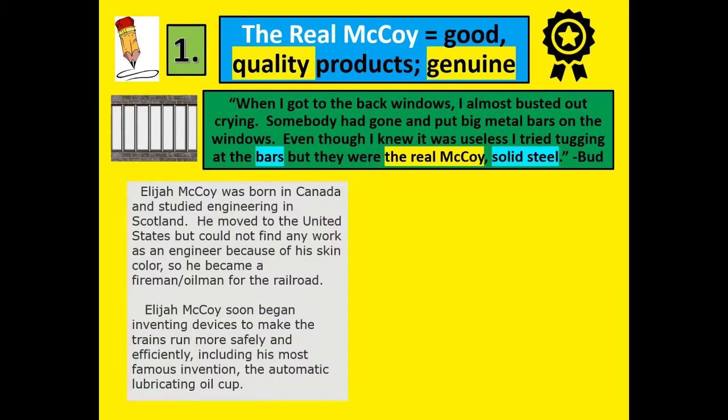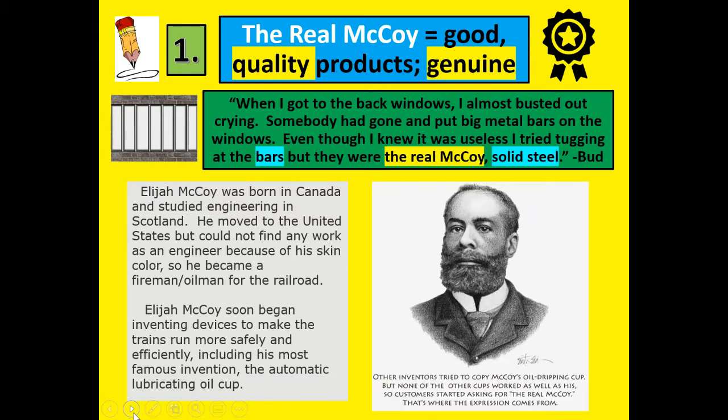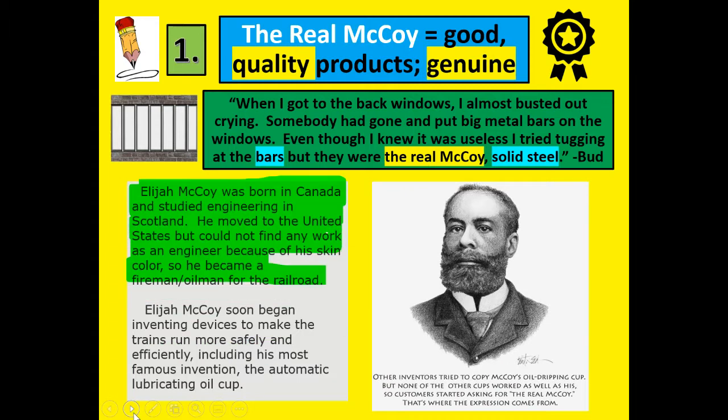So where did we get the saying, the real McCoy? So I'm going to tell you about this man that they got the saying from. So Elijah McCoy was born in Canada and studied engineering in Scotland. He moved to the United States, but could not find any work as an engineer because of his skin color. So he became a fireman or oilman for the railroad.